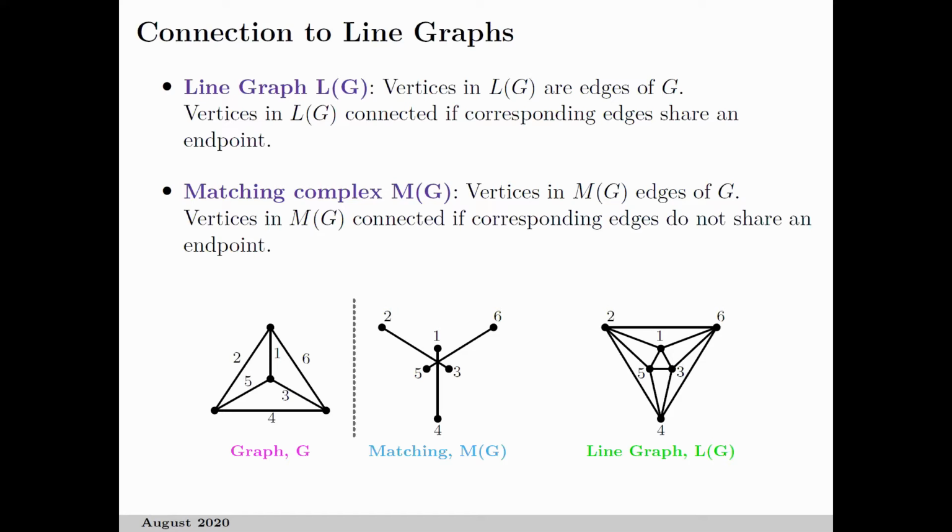This means that the one skeleton of the matching complex, only the vertices and edges, and the line graph are complements. In the example shown below, vertex 3 in the matching complex is connected to only vertex 2, but in the line graph, vertex 3 is connected to all vertices but vertex 2. In this way, line graphs have been an access point for studying matching complexes.